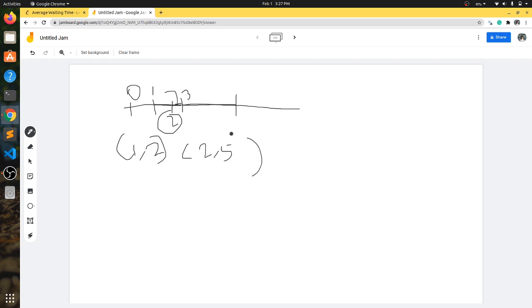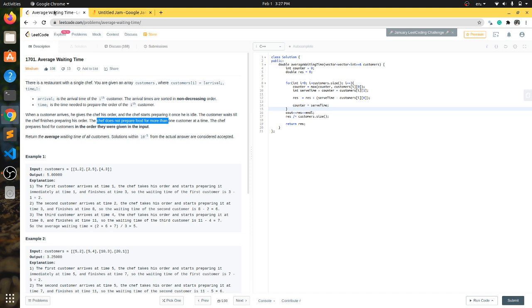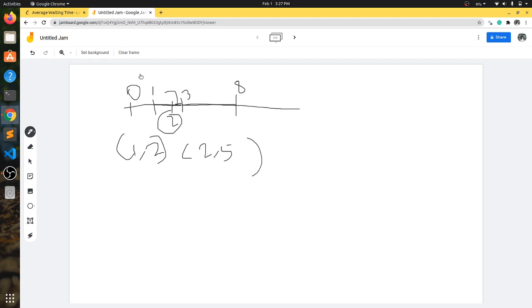So the time right now is 8 minutes. Before the 8 minutes, we have seen that there is another customer, number 3, who arrived at the 4th minute, and whose food will be prepared in 3 minutes.